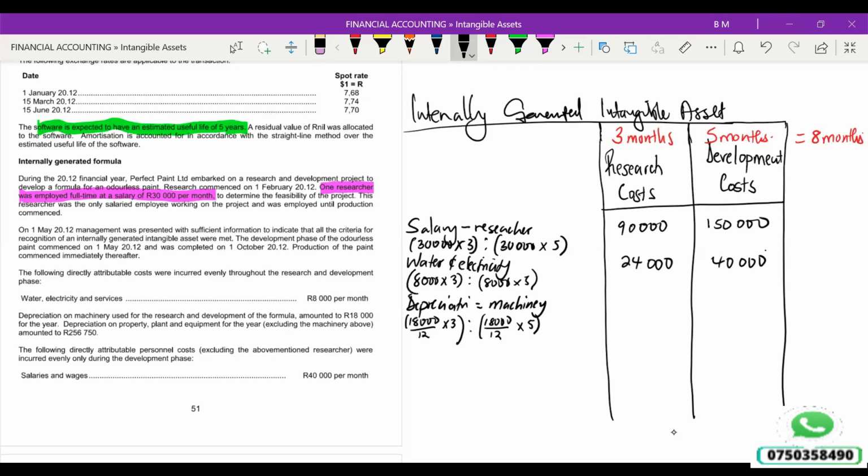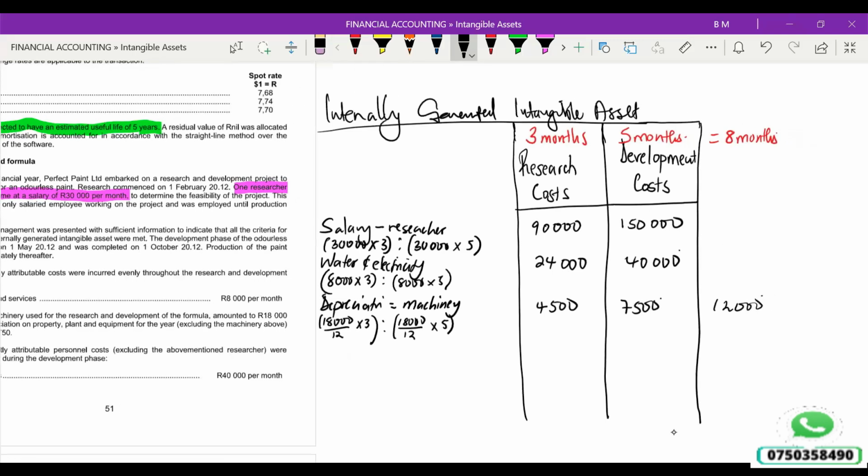Research 4,500. 7,500 for development. If I add the two, how much do I get? 12,000. So that means here we have 6,000 that needs to go to profit or loss.